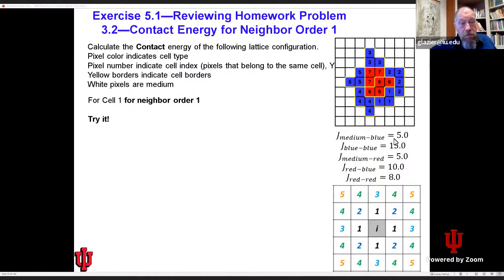So why don't people take a minute to do that, think about it, and then I will walk through that calculation. And I think people generally were able to do this for the nearest neighbor 1, but doing it for the longer ranges was somewhat confusing. I want to go walk through that with you.